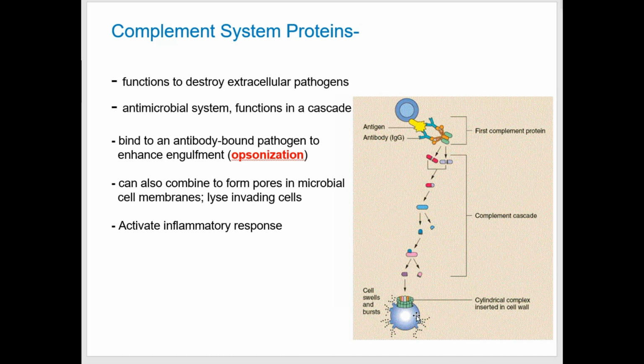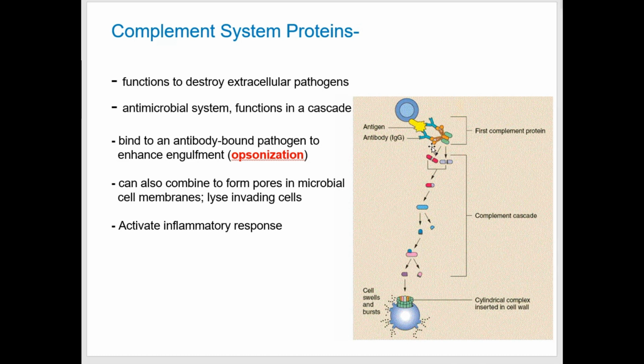The reason we call these proteins complement system proteins is because they sort of work together with antibodies. They complement these antibodies. When you have an invading cell, so this would be a pathogenic cell with the antigen, antibodies that you already have are going to bind to the antigens, and then complementary proteins will bind to the antibodies.